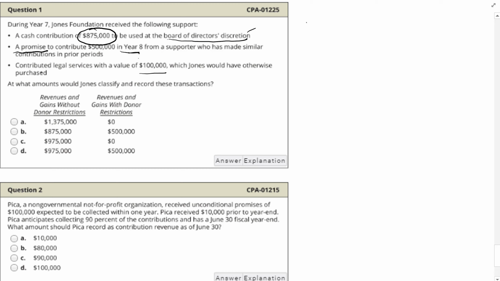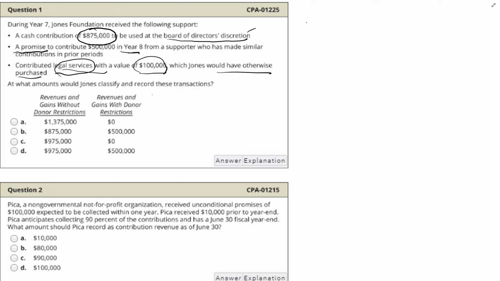Now, the contributed legal service has a value of $100,000. It's a voluntary service that the entity received. If they hadn't received it, they would have had to purchase it. Legal service definitely requires skills and knowledge, so we have to record it as contribution revenue, and we'll consider it unrestricted, or without restriction.